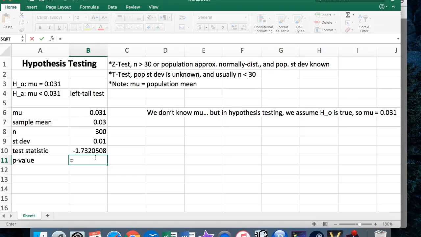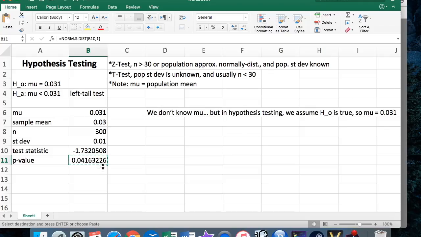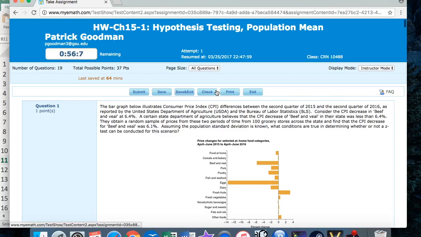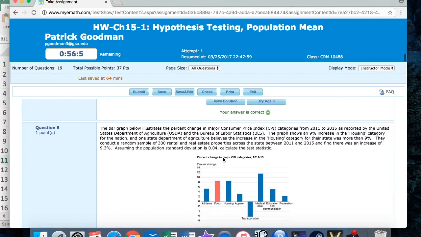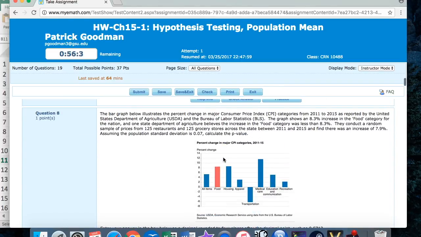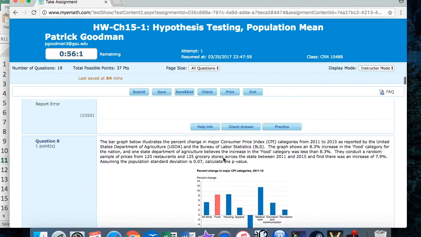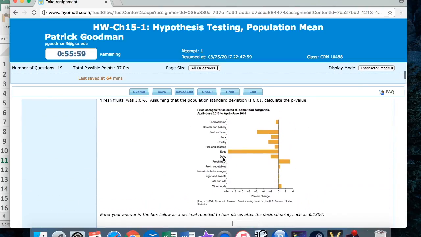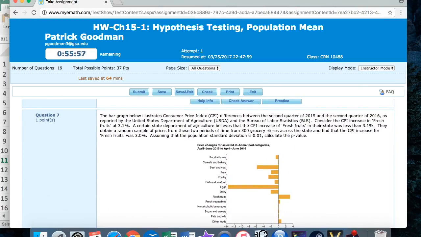So our p-value is just going to be norm.s.dist, with our z, and it is always cumulative. And there you go. P-value is 0.041. So copy this over. Oh, I have to go back and find it. It's not that one. It is this one? Yes, it is.